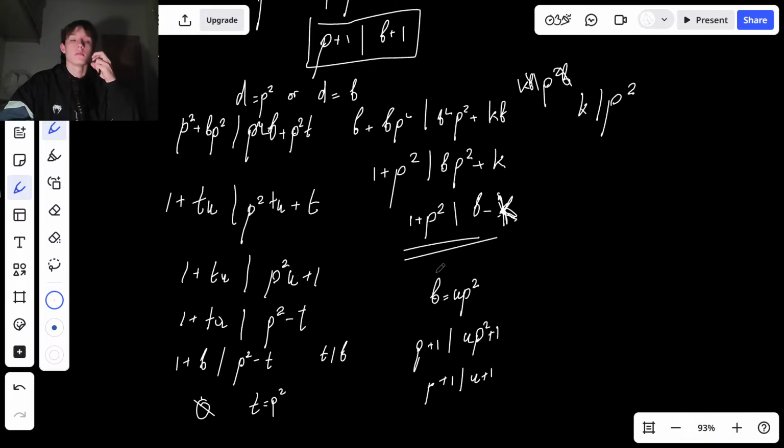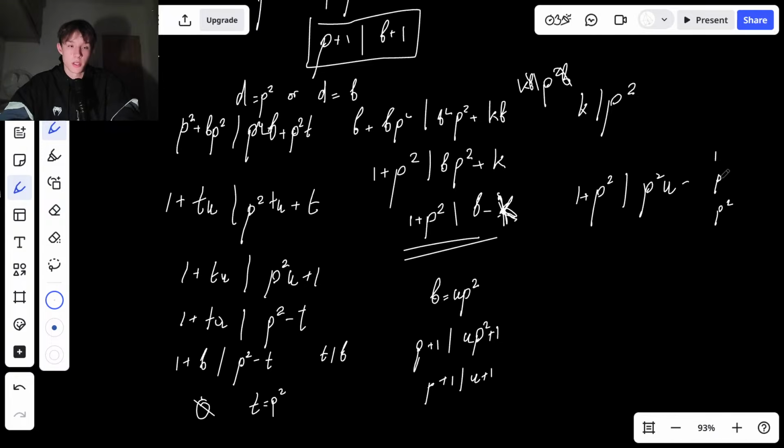Yeah. And then if we also look at here, can we maybe tidy it up? 1 plus p squared. So we knew that b divides p squared, so it's p squared u minus either 1 or p squared.